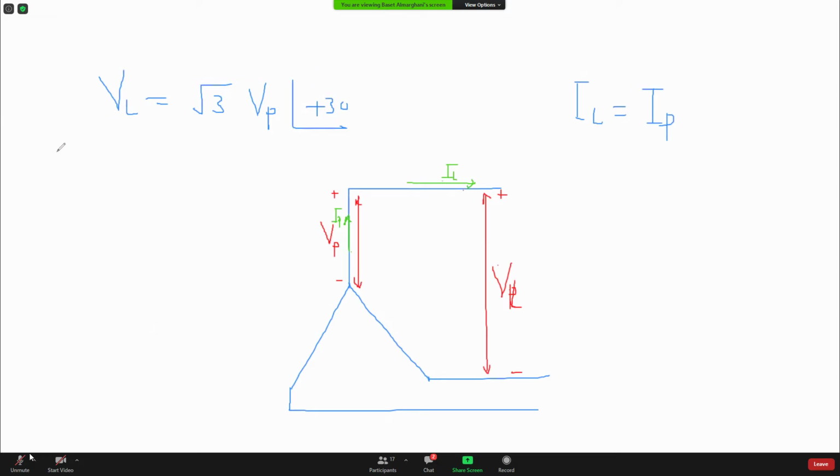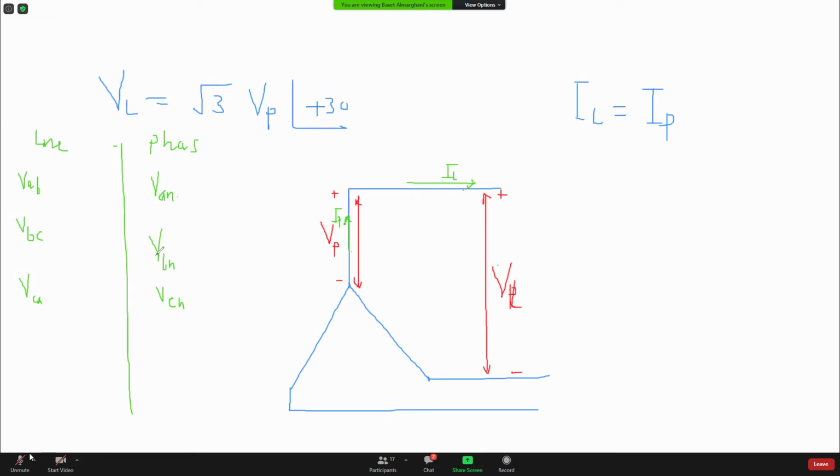The line voltages VAB, VBC, VCA. The phase voltages VA, VB, VC, and sometimes they put N, just to show it's between A and N. If they don't write N, it means it's N. N is like the ground in neutral, so CN.